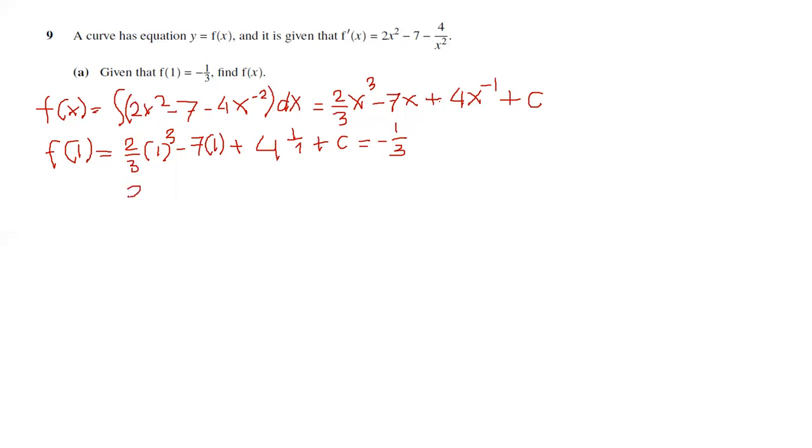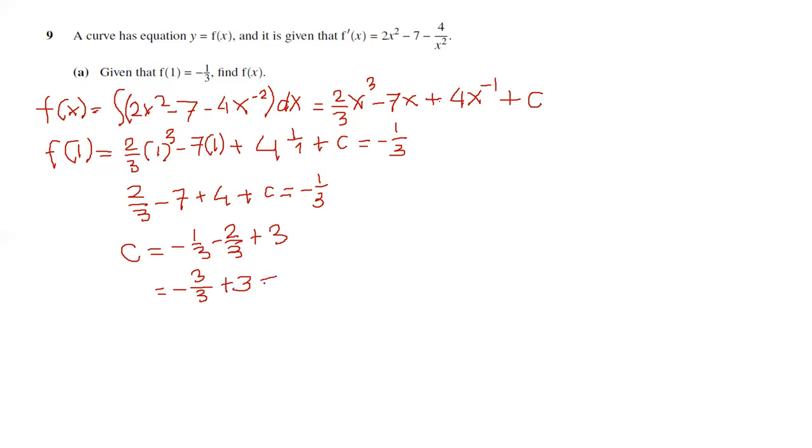And it becomes 2/3 minus 7 plus 4 plus c equals negative 1/3, and c equals negative 1/3 minus 2/3, negative 7 plus 4, negative 3 plus 3 here. Okay, and it's going to be negative 3/3 plus 3 equals 2.